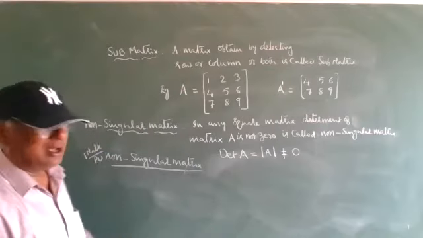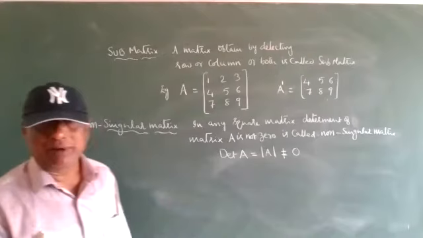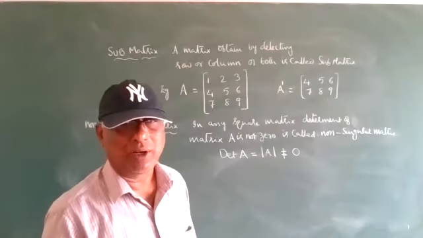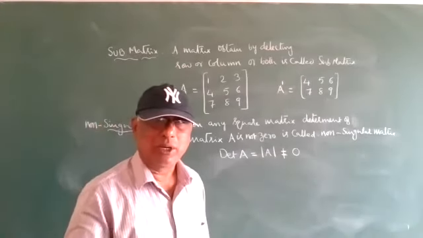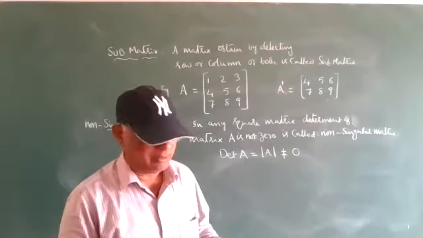That is called a non-singular matrix. Now, how to find the determinant? I will explain later. Don't worry about that one. We have problems, and we can do a number of problems in the exercise. At that time I will explain the determinant.